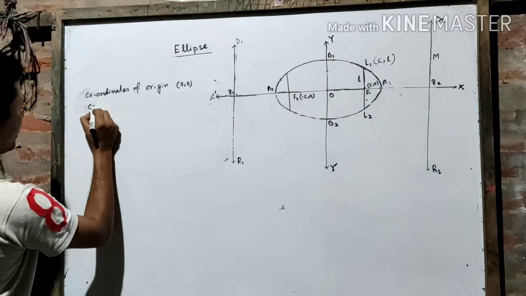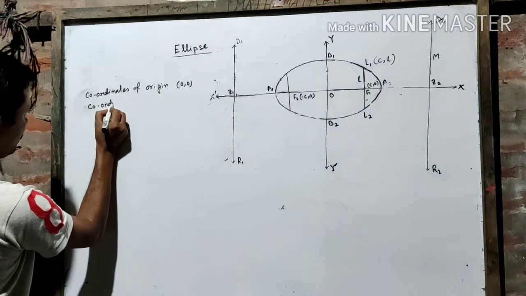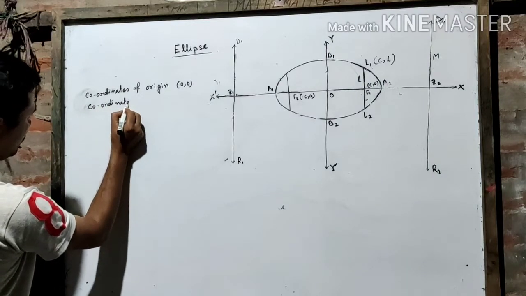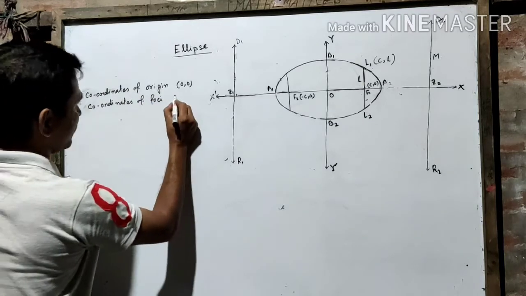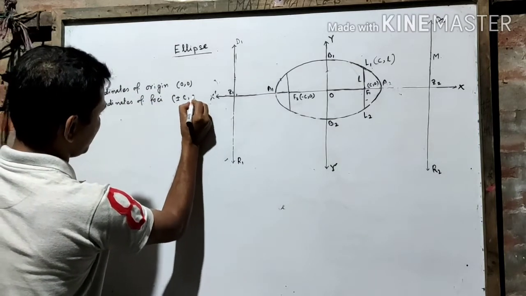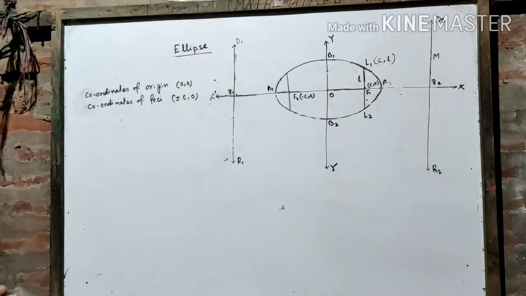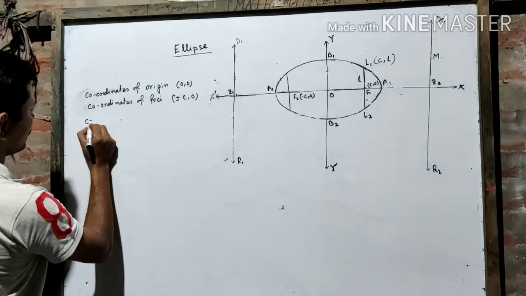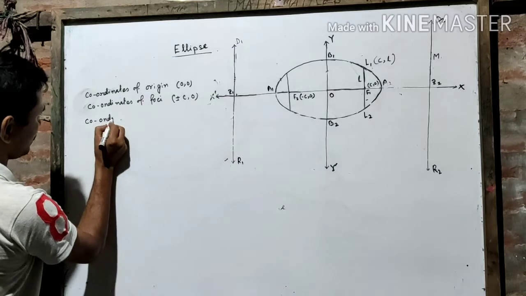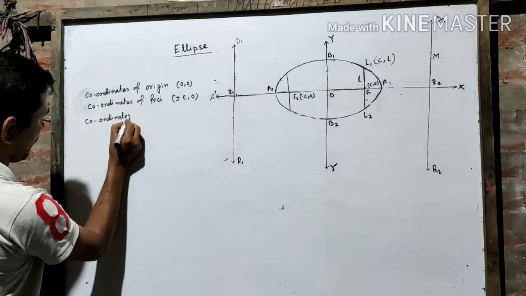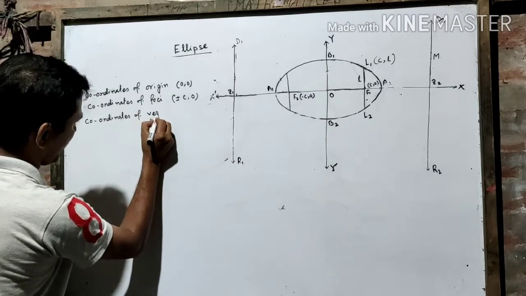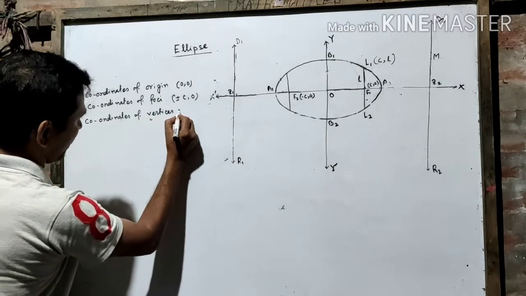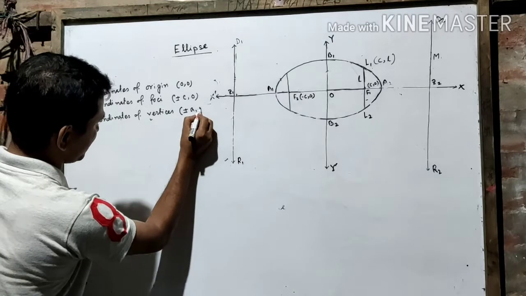Coordinates of foci: plus minus c, 0. Coordinates of vertices: plus minus a, 0.